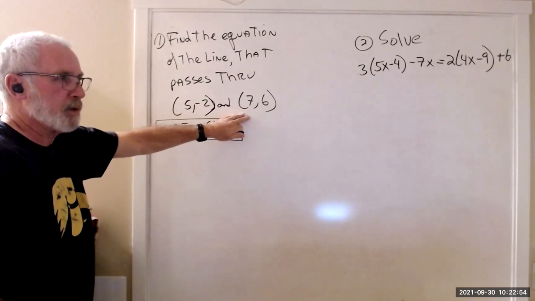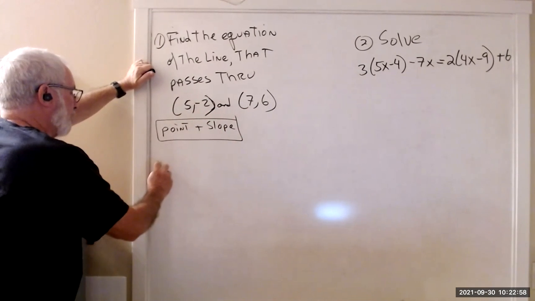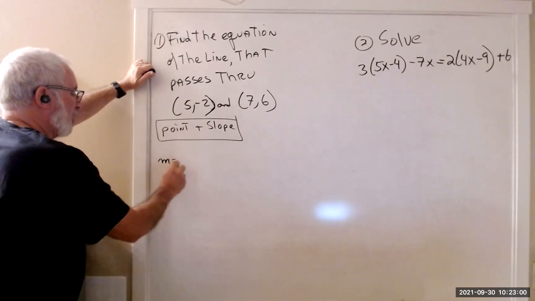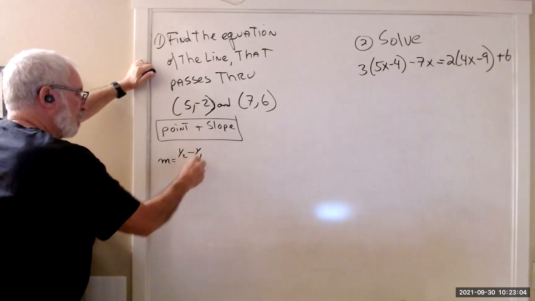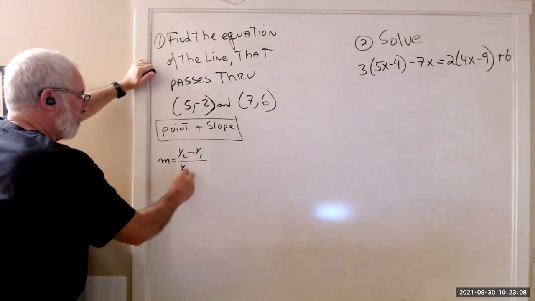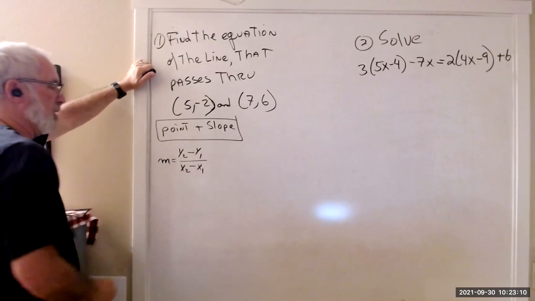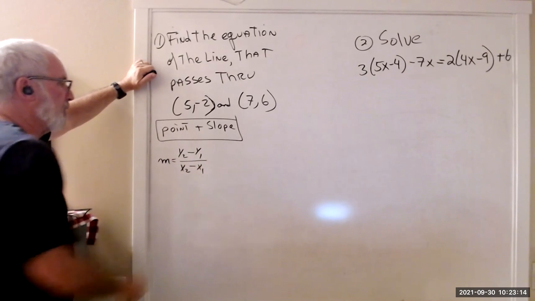It doesn't matter which one I use. What I don't have is a slope. But you have memorized the slope formula. Slope is y sub 2 minus y sub 1 over x sub 2 minus x sub 1. That's the formula for calculating the slope.